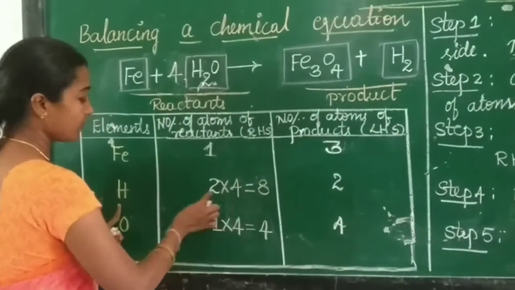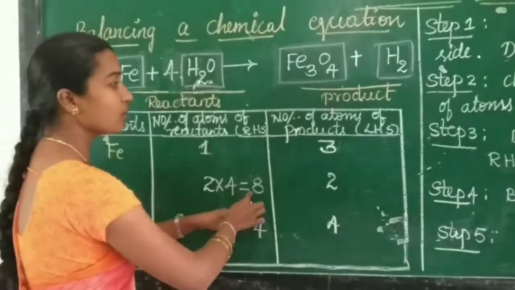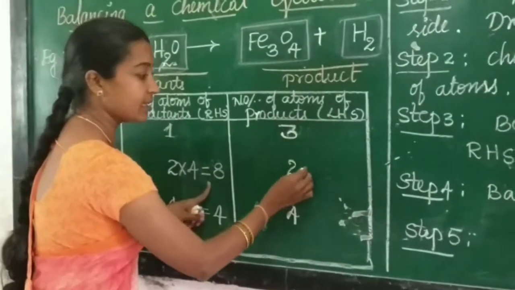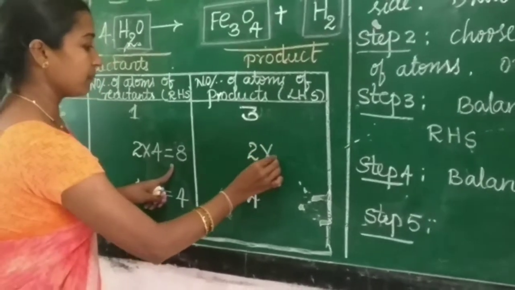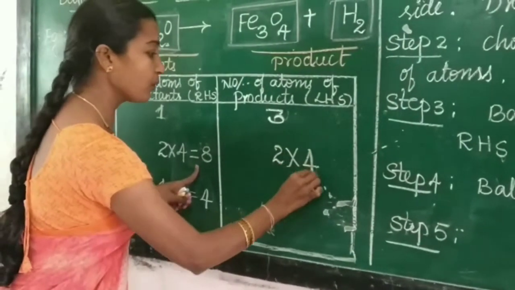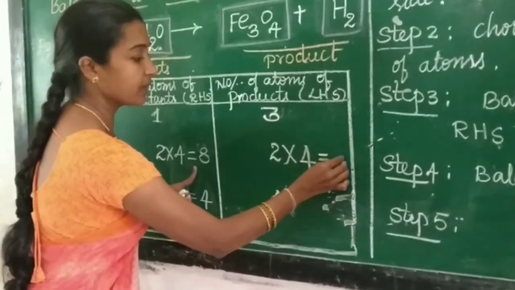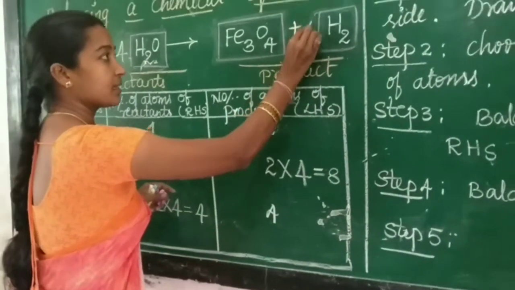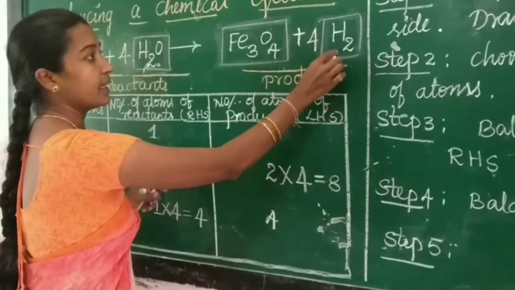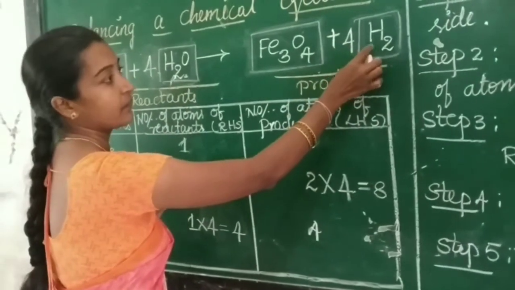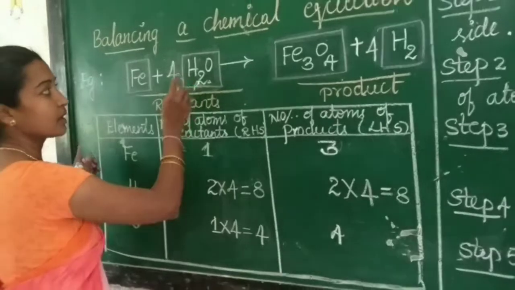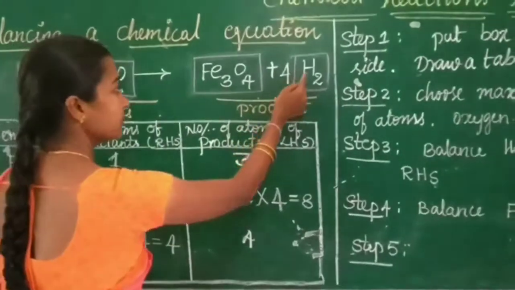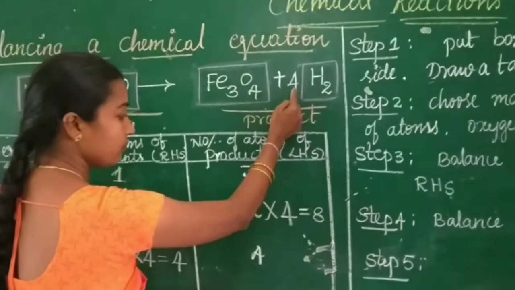Only in the RHS, hydrogen is 8. Now we balance this hydrogen in the LHS by multiplying 4 with 2, it becomes 8. This number 4 is written in front of the hydrogen in the equation. Now observe, oxygen is balanced, hydrogen is also balanced by putting the 4.